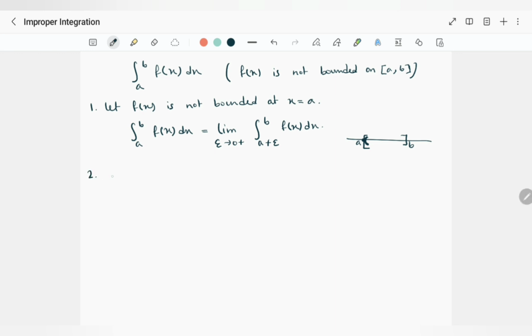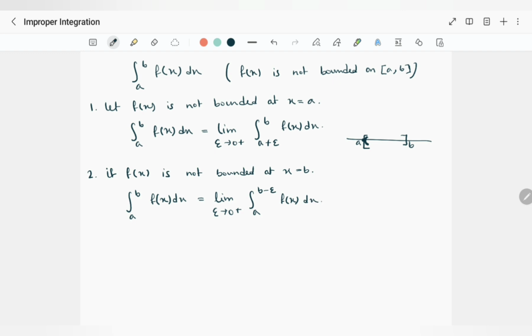Now if f(x) is not bounded at x equal to b, then integral a to b f(x) dx is equal to limit epsilon tends to 0 plus integration a to b minus epsilon f(x) dx.